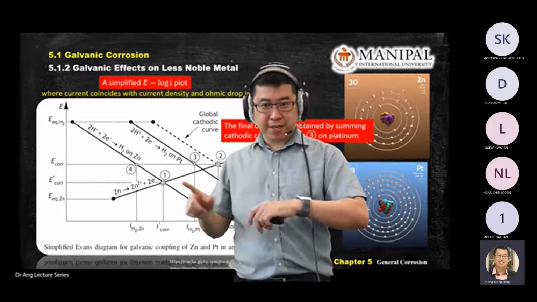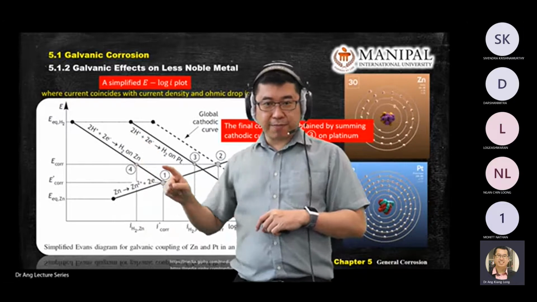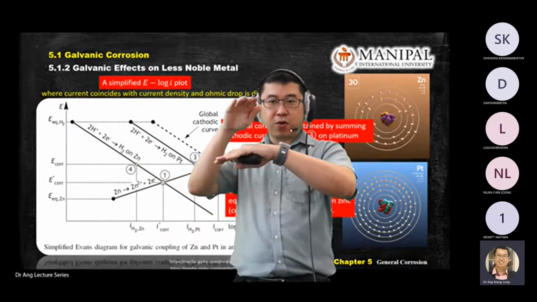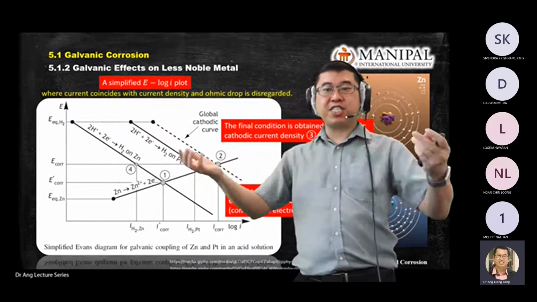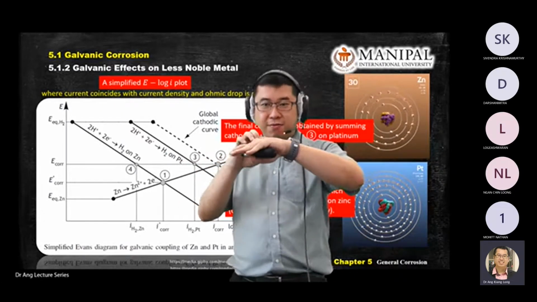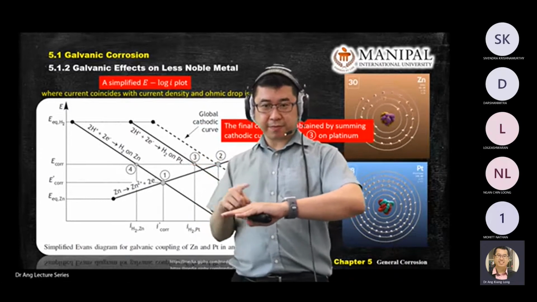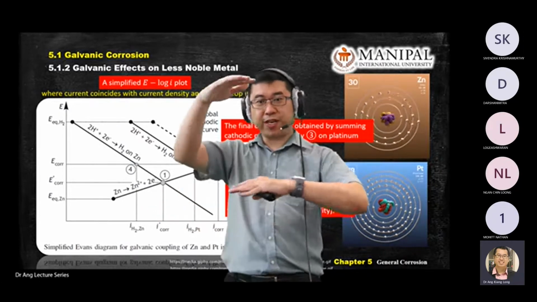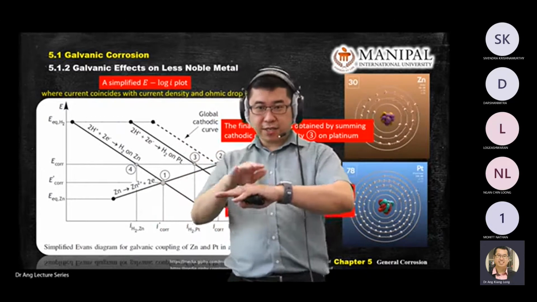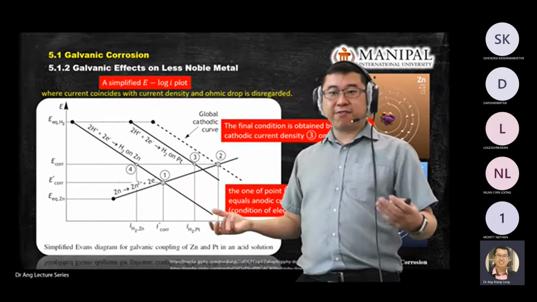This line is your anodic process. This is the cathodic process. So again, what does cathodic mean? Cathodic means receiving electrons. So what is around the zinc body? Acid. Both are submerged in the acid. So around the zinc, what do you have? You want to receive.